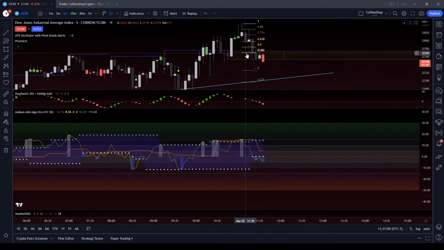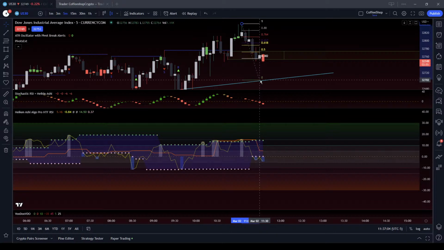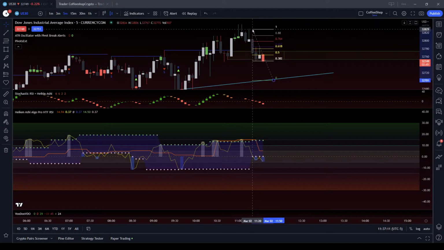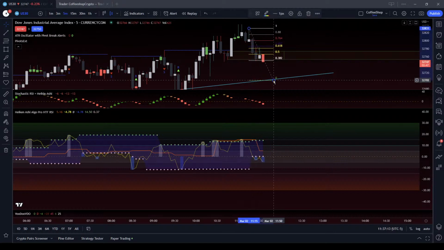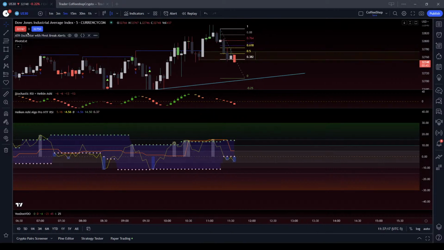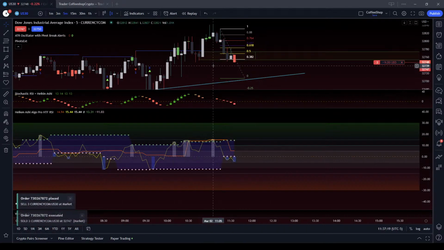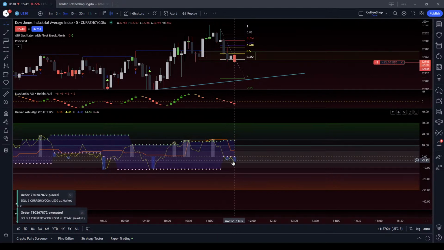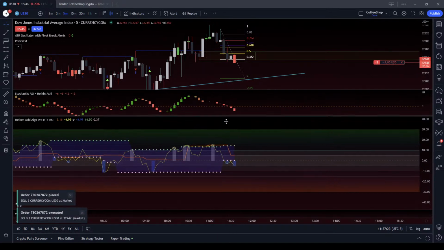Okay, so it looks like here, this would have been my entry down there. So I need to take my short position as I break through. Here's the start of my move down here. I'm going to enter another short position right here. I've broken below my pivot, right? My stochastic is on the way down.